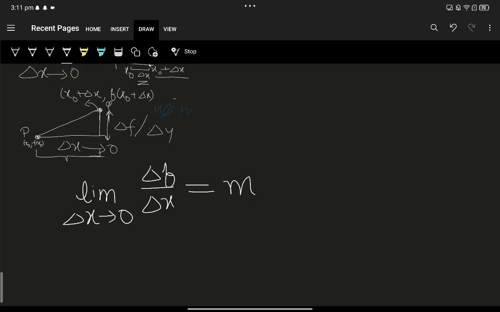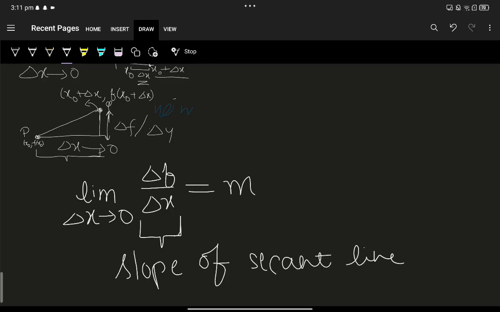So we can say m is equal to the limit of delta f by delta x as delta x approaches 0. And what is delta f by delta x? This is basically the slope of the secant line. So this will be the slope of the tangent line, whereas this delta f by delta x will be the slope of the secant line.